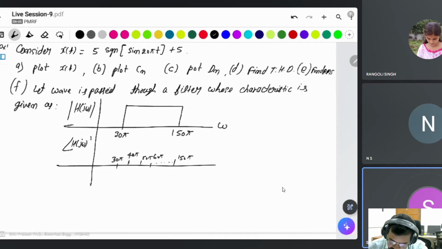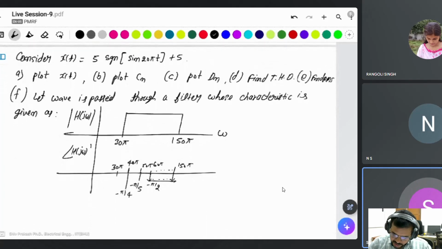The angle at 40 pi is minus pi by 4, at 50 pi minus pi by 5, and from 60 pi to 150 pi there is an angle of minus pi by 2 for all of them. All harmonics are presented with minus pi by 2.